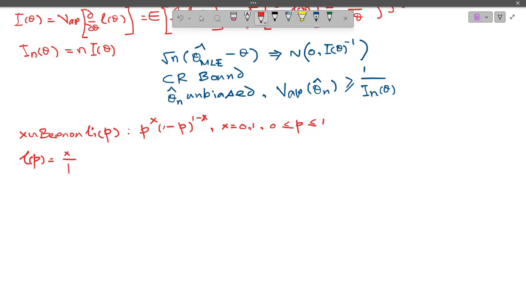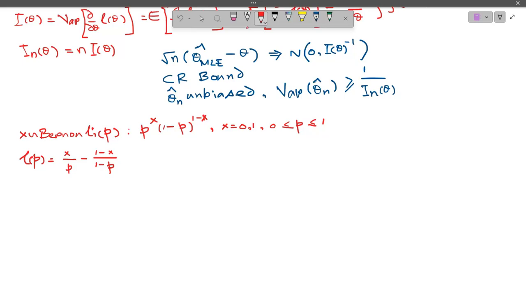If you take log, this becomes log p to the power x plus log 1 minus p to the power 1 minus x. So x comes out.